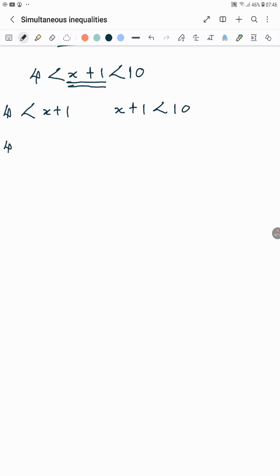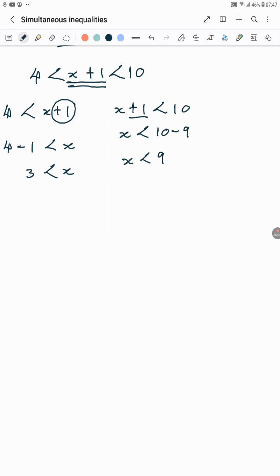Here you're going to take plus 1 to the left hand side, it becomes negative, and you're going to have 3 less than x, and you solve the right hand one by moving plus 1 to the right hand side. It becomes 10 minus 9, and here you're going to have x less than 9.